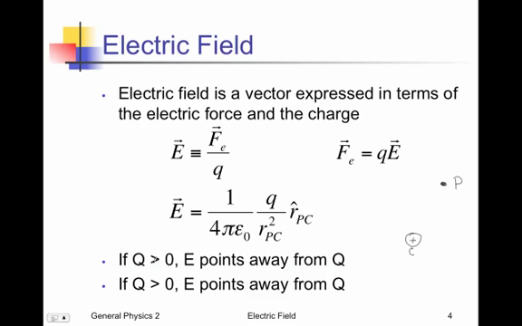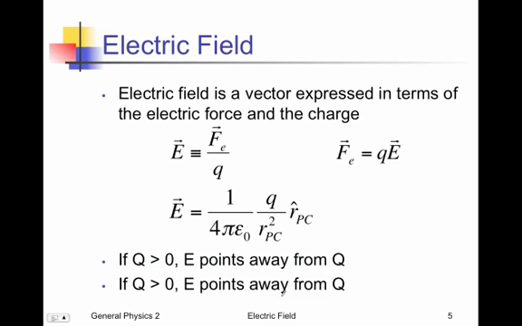And if Q is positive, then the E points away, and if Q is negative, then E would point towards the charge. Oh, this should be towards. This should say less than, and this should say toward.